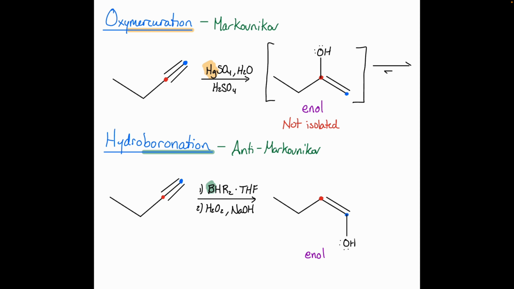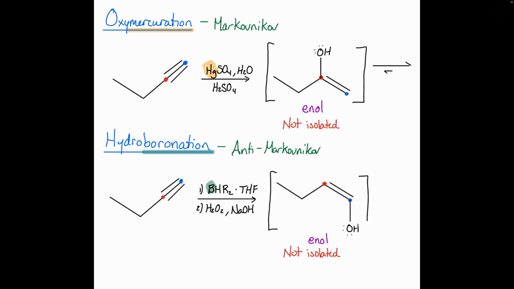Our enol product is not isolated in this reaction. All right, so then what the heck is our product here? Okay, in order to figure this out, we got to talk about what enols are in equilibrium with.